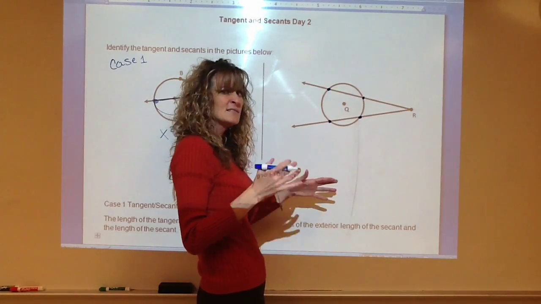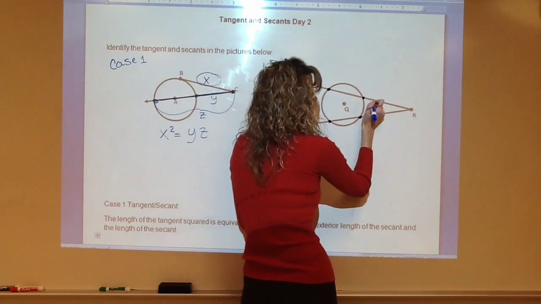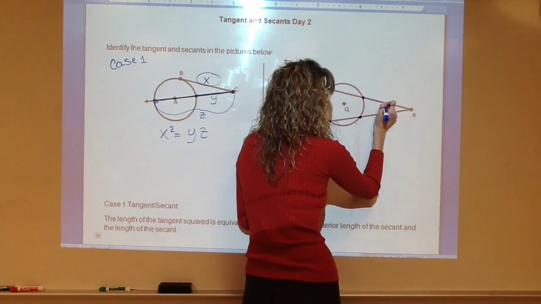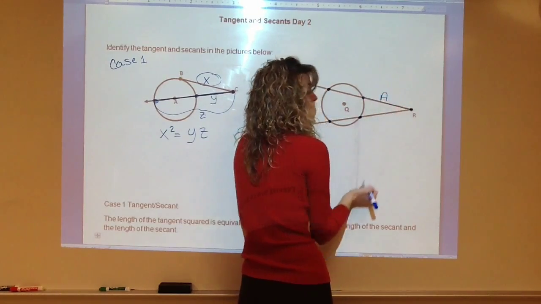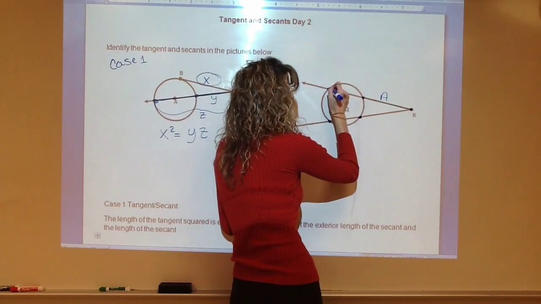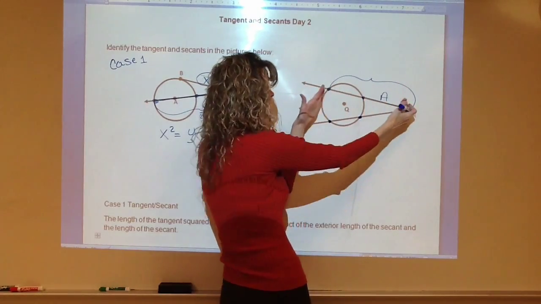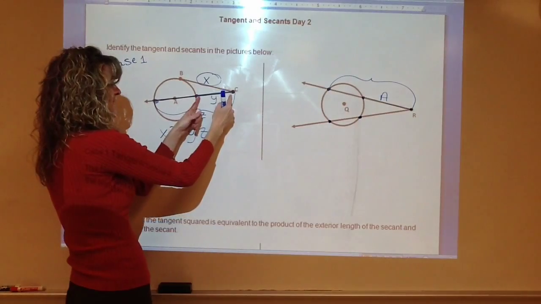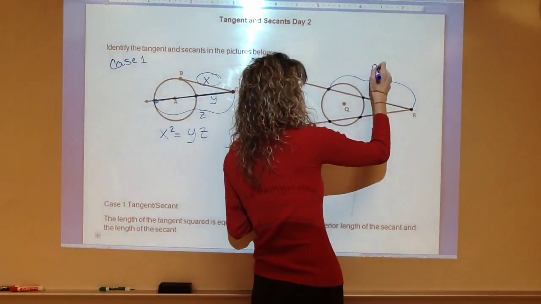I'm going to use A, B, C, D this time instead of X, Y, Z. So this distance from this point to the point of intersection, I'll call distance A. And then the length of the whole secant, just like how I did the outside of the secant and the length of the secant, I'll call that B.